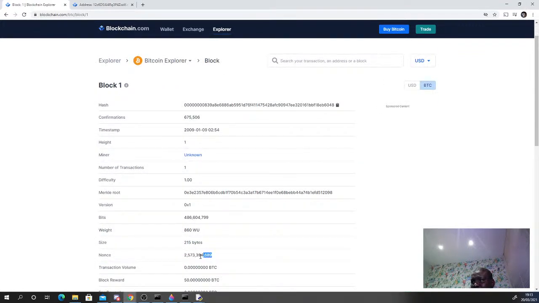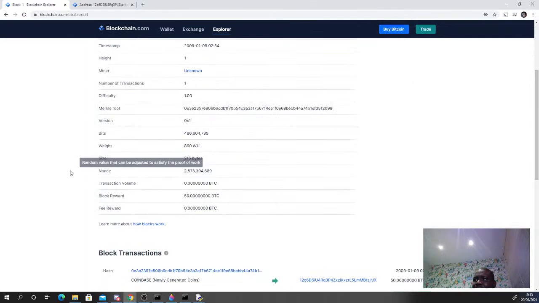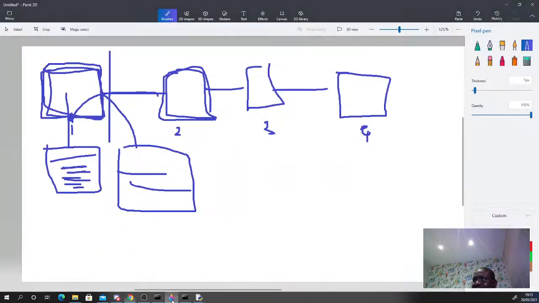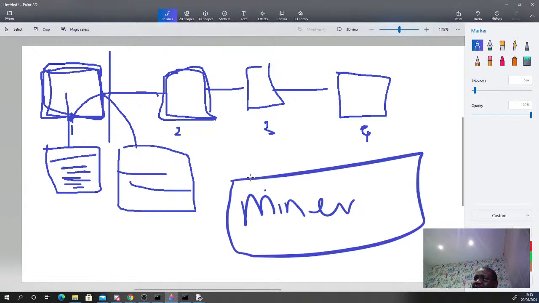So if I know this value now, and I add all these values together and hash this block, I'll get this value. So the miners in the blockchain, the people who create the block, are the gold diggers. When they say digital gold, what you're actually trying to dig is the block. The miners who can create the block are the gold diggers of the current digital gold.